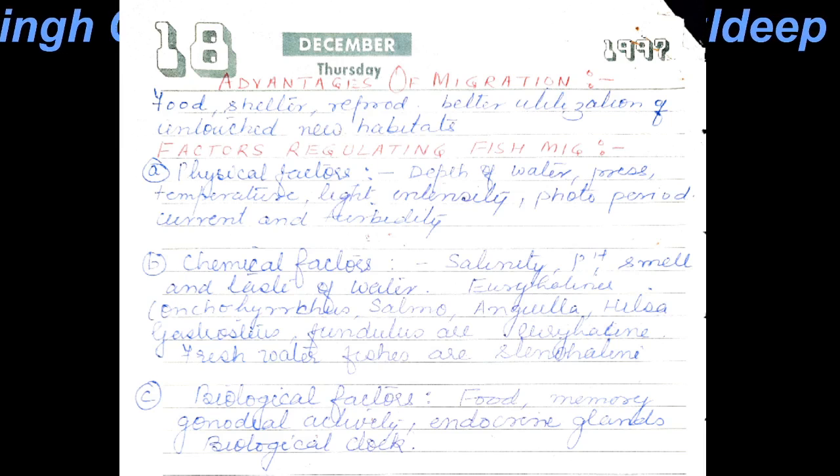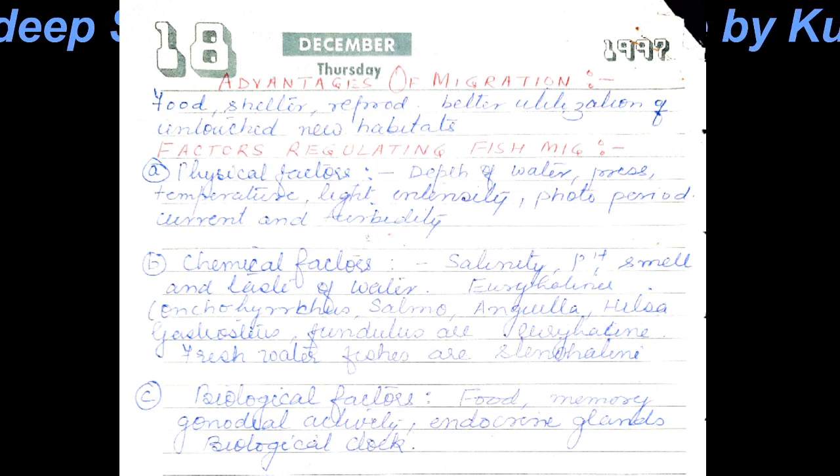Among the physical factors, the regulatory factors are depth of water, pressure, temperature, the intensity of the light, the photoperiod, the current of water, and the turbidity. They determine the movements. Among the chemical factors, we have salinity, pH, smell and taste of water.